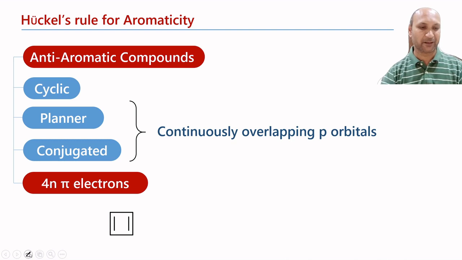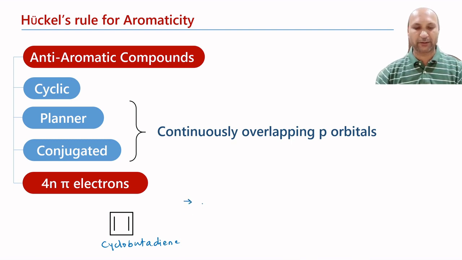And just as an example, this compound is cyclobutadiene. Now if we talk about the planarity, the compound is planar in nature because all these carbons have sp2 hybridization.